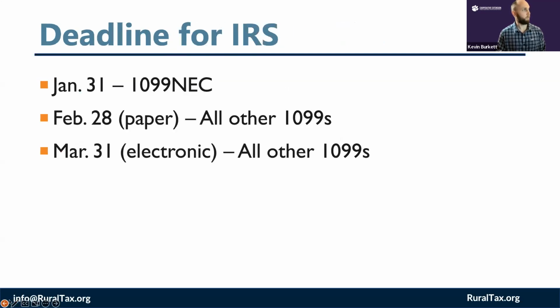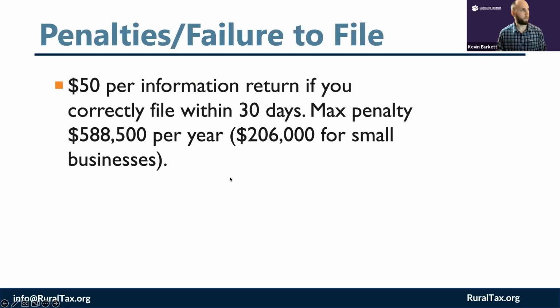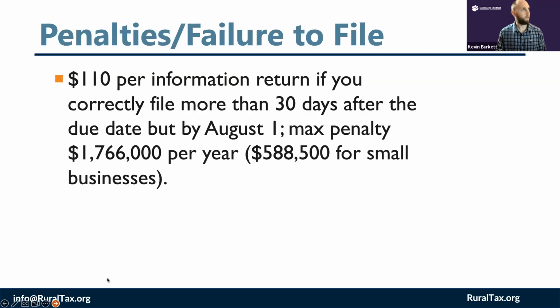Let's say we were filing electronically. We were supposed to file by March, but we didn't file until our actual tax return, April 15th. Within that 30-day window, there would be a $50 penalty. It could be $50 for the IRS copy, and $50 for the recipient copy.